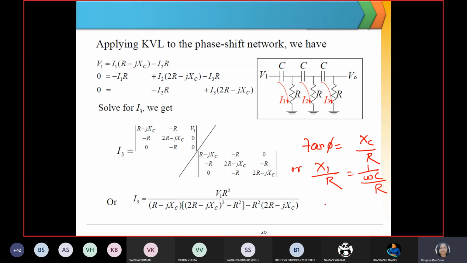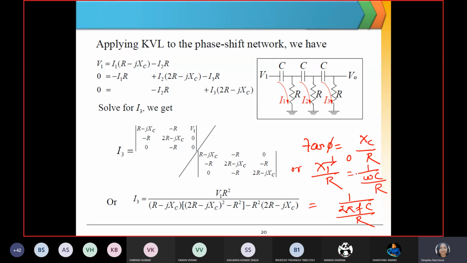By R. So entirely what I am getting? 1 by 2 pi fC by R, right? So here XC is the capacitive reactance, which is a function of the frequency. So suppose tan phi can be 0 or infinity, it means phi is 0 degree or 90 degree. That is the concept we are using. So when this XC tends to 0, what should be the tan phi value, guys?